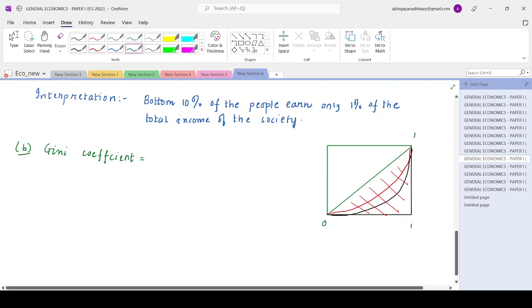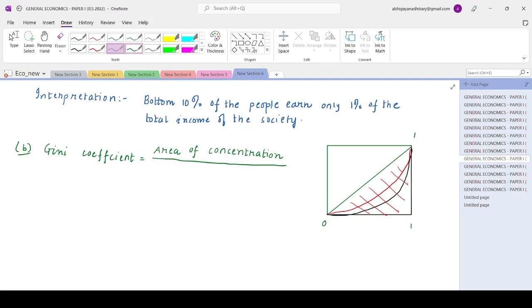So the Gini coefficient is basically the area of concentration in comparison to the maximum that we can have, which is this area. You can simply calculate it: it's a right angle triangle whose base is 1 and height is 1, so the area will be half.